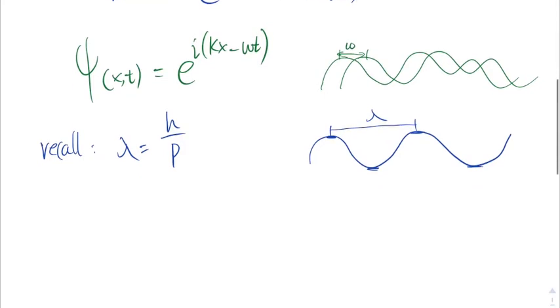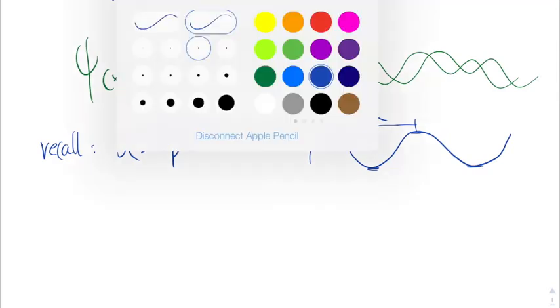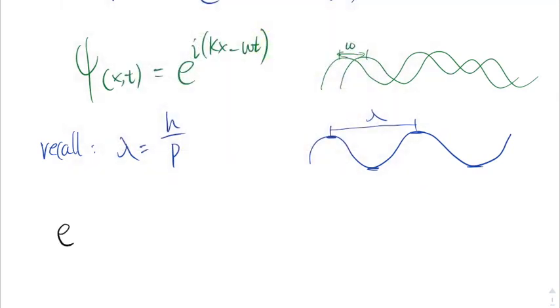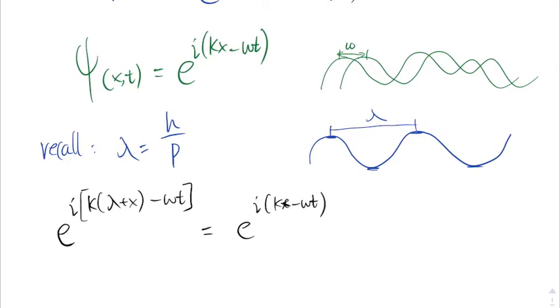Because of the spatial symmetry of the wave function, we know if we phase shift our function spatially to the right by lambda distance, the value should remain the same. So we can find an equality down below. e to the i times k times (lambda plus x) minus omega t should be equal to our original psi function.